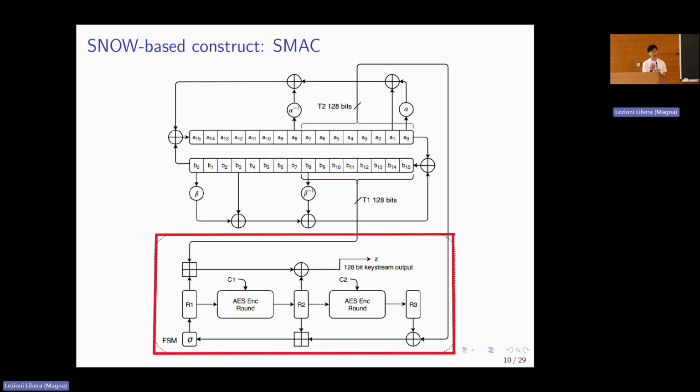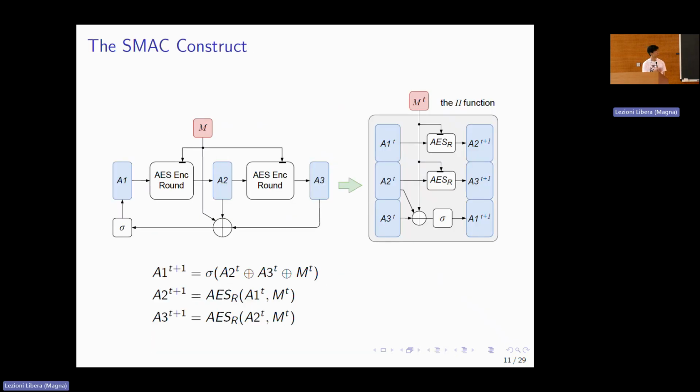So to meet the requirements, we propose SMAC, which is based on the SNOW stream cipher, the lower part, the finite state machine. Let's move to the left figure. Here we replace this modular addition with the XOR operation, which is more friendly to hardware, because our goal is to design a cipher that is fast, secure, and friendly for software and hardware.